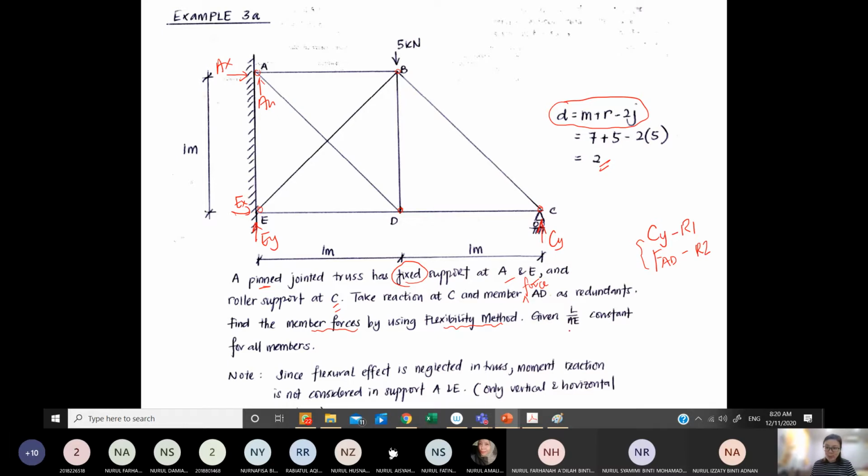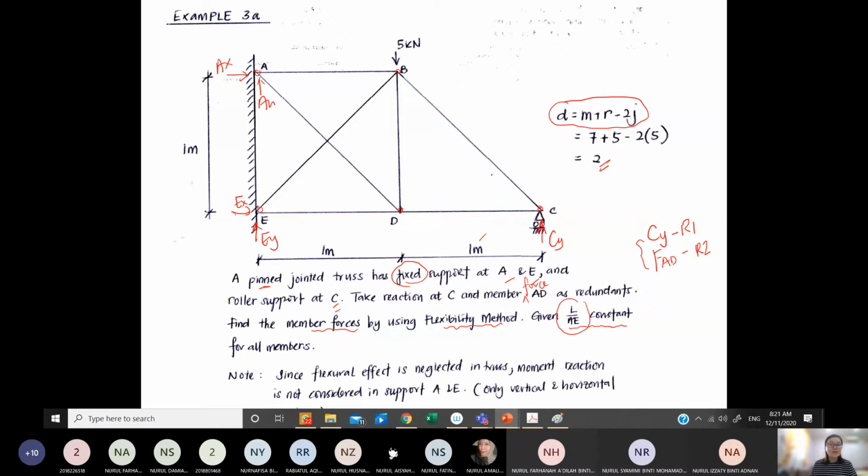Given L over AE is constant, because from the observation here, you will know that all the L is not constant, right? For example, DC is 1 meter long, but BC is not 1 meter, it is greater than 1 meter. But now this problem has been fixed such that L over AE is constant.